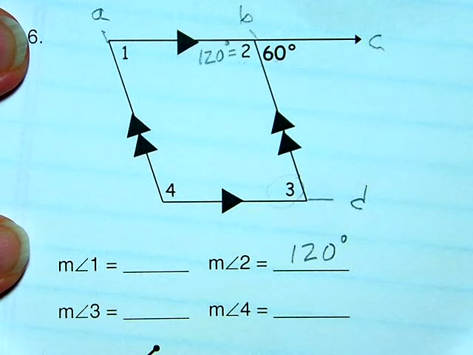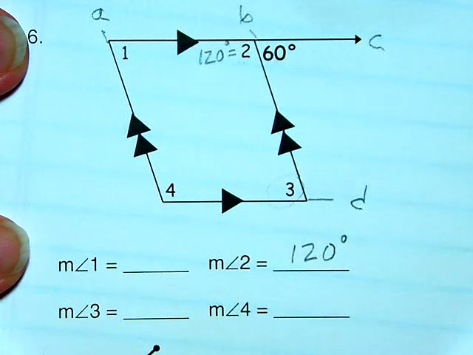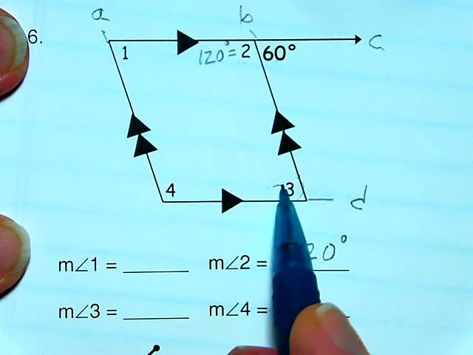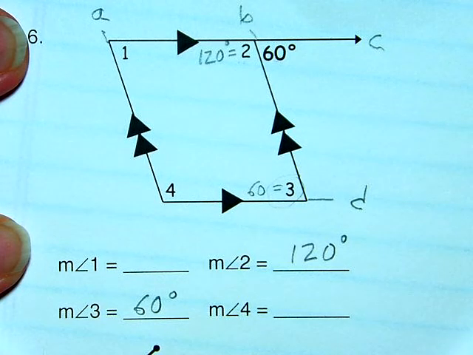So therefore, they're same side interior angles. They're supplementary. So angle 2 and angle 3 are supplementary to each other, which makes angle 3 equal to 60 degrees. We can write that in here. But was there another way we could have determined that angle 3 was equal to 60 degrees? Actually, yes, there was another way we could have seen that.